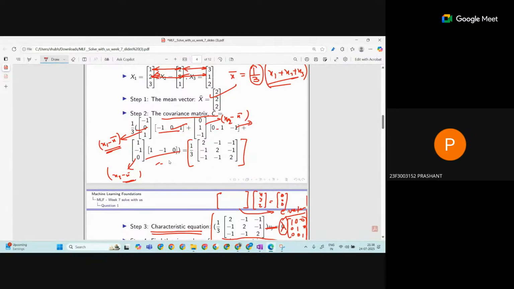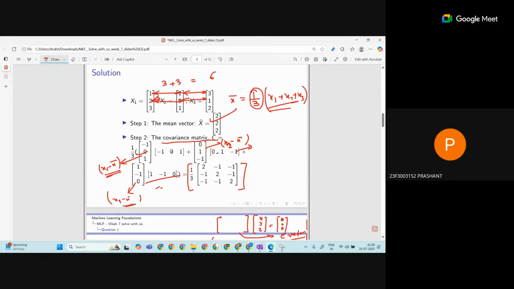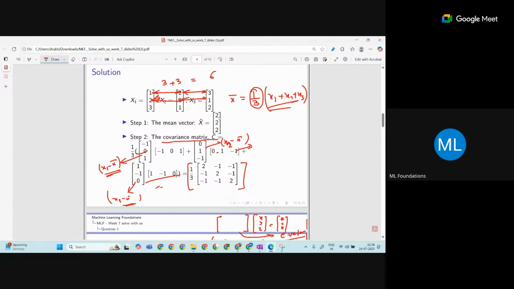Here is the confusion, because on both sides we get only 3. Both sides you will get the mean as 2, whether column wise or row wise. So only we'll go with this one.